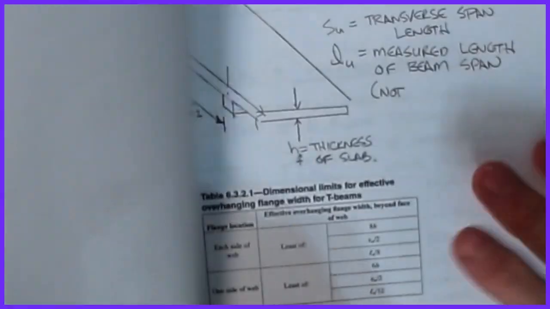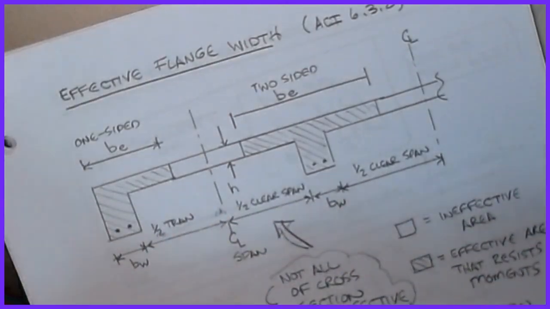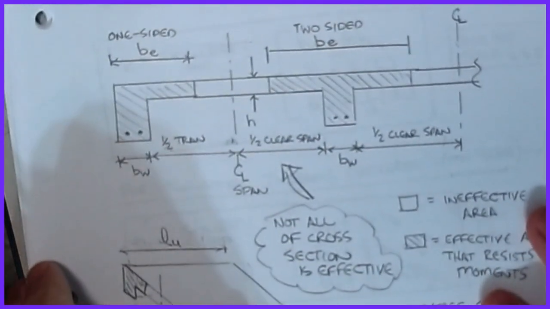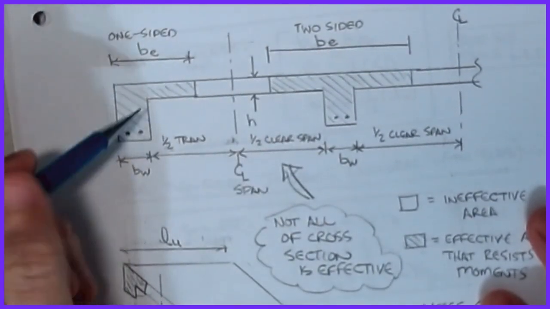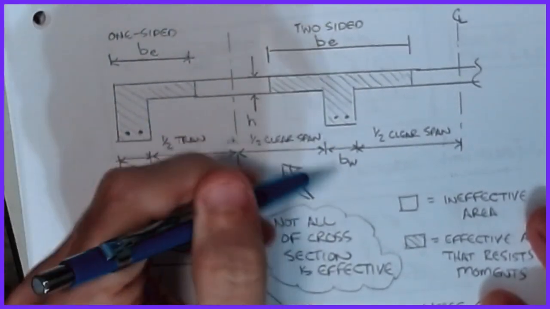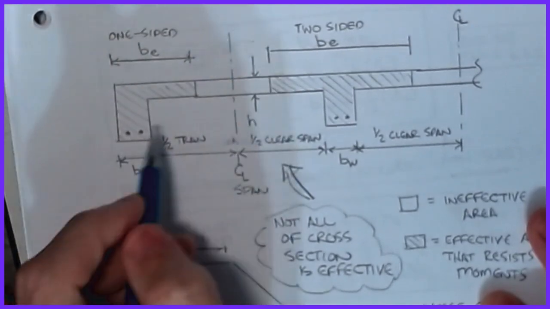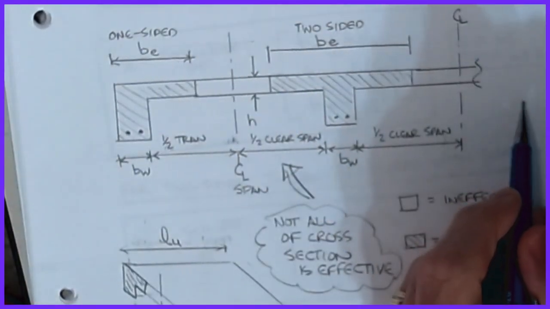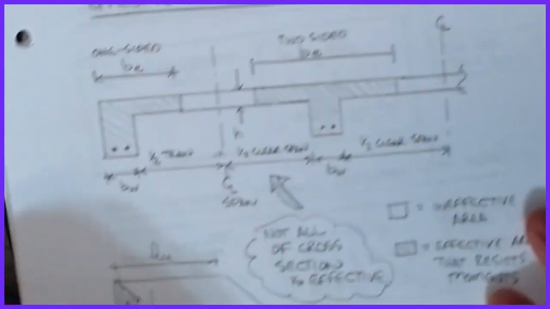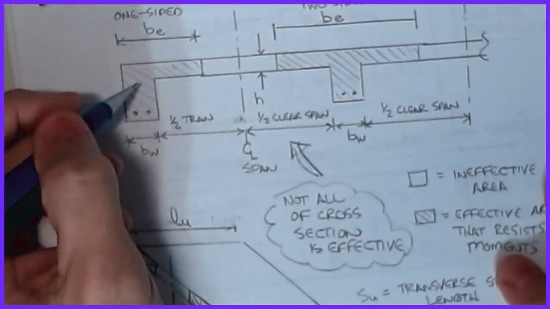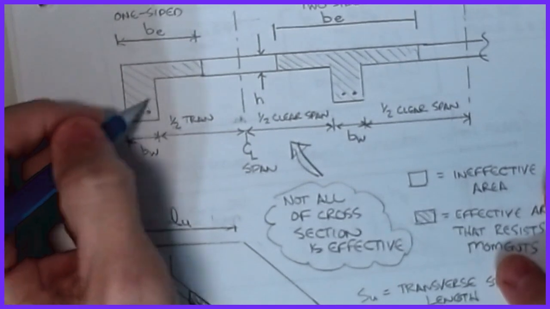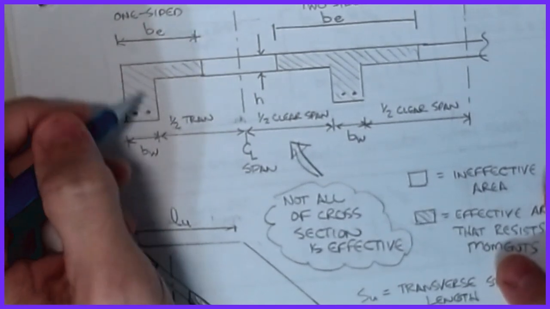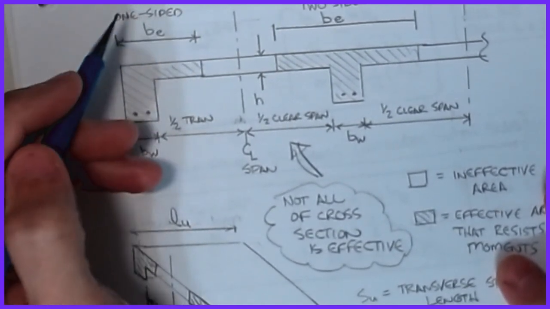Now, one of the issues that we have with all of this has to do with the effective flange width. The idea being that what I've drawn here is a little bit of a multi-span kind of structure, and maybe I have another rectangular section over here and then another one that goes off the page as well. But the question becomes, we have to compute what we call the effective flange width.